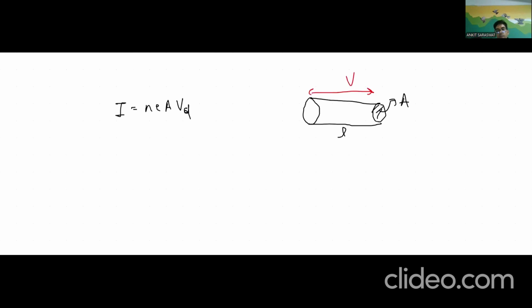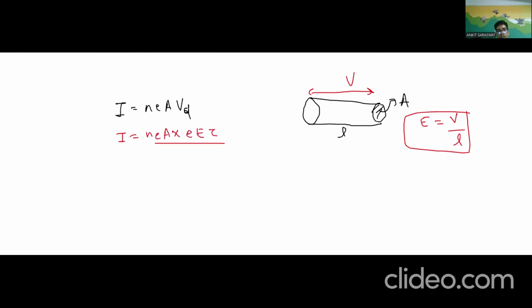The electric field formula yesterday I have explained, E is equal to V by L, potential drop per unit length. V is the potential drop across the conductor. Then I is equal to n e A vd, and vd is e tau by m.